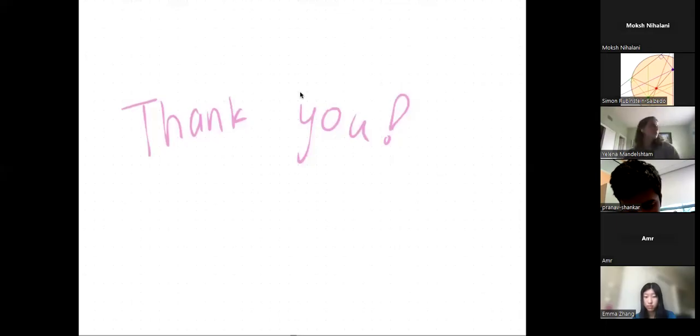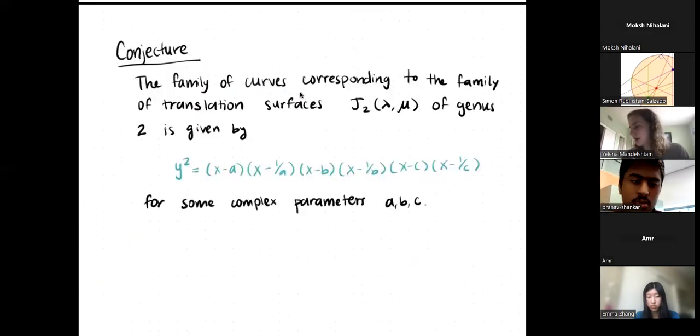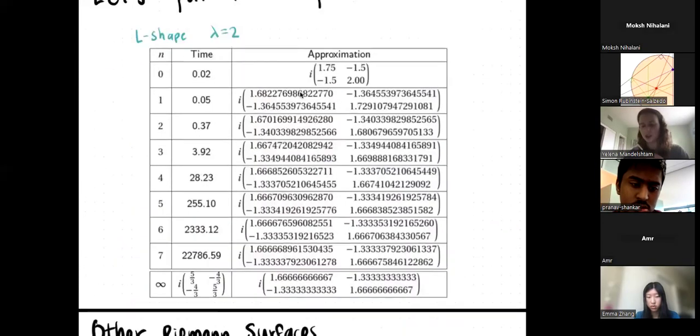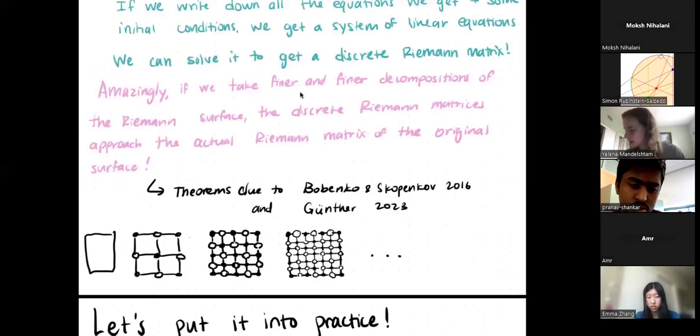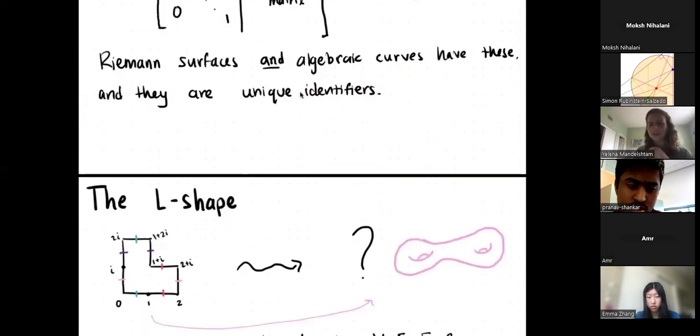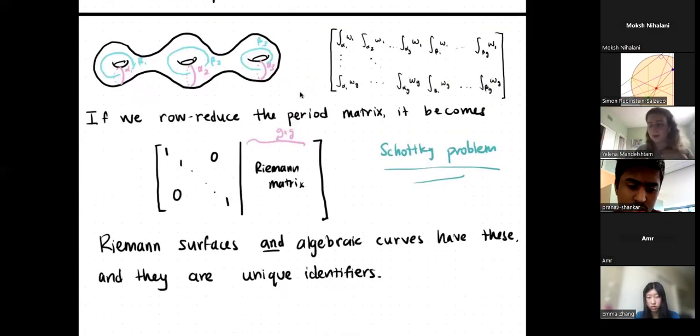Yeah, so you do run into these things somewhat. That's related to the Schottky problem, which I mentioned, where you have a Riemann matrix, a g by g matrix, and you want to know if it even is the Riemann matrix of a surface. These questions have partial answers, in a way.